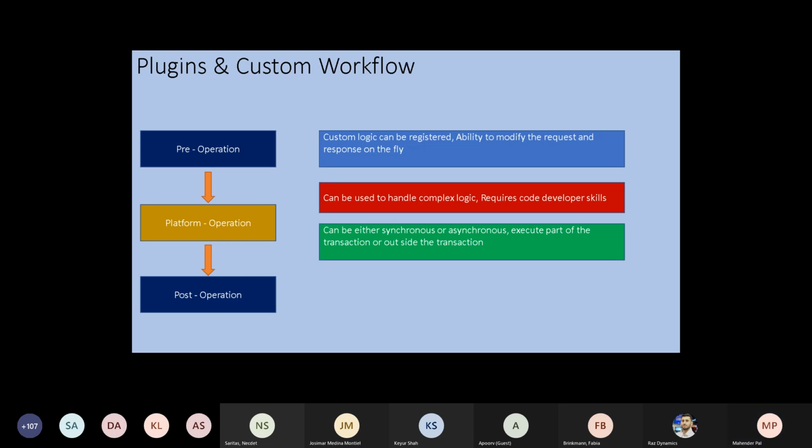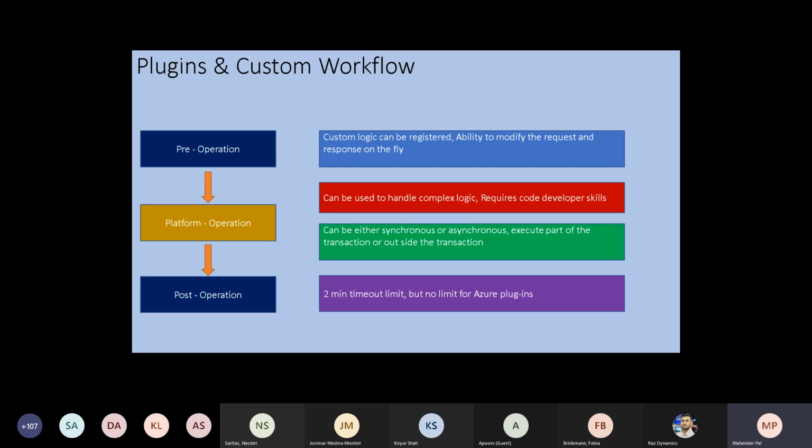Now we know that with plugins and custom workflows, we get some requirement and we write the code, but there is a very big limitation here: whatever code you write should be so fast that whatever problem you are going to solve should be done under the 2 minute limit.